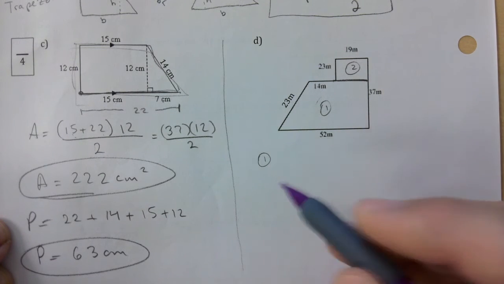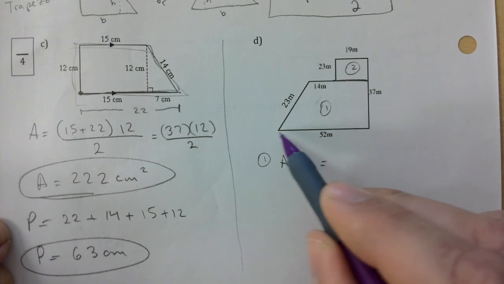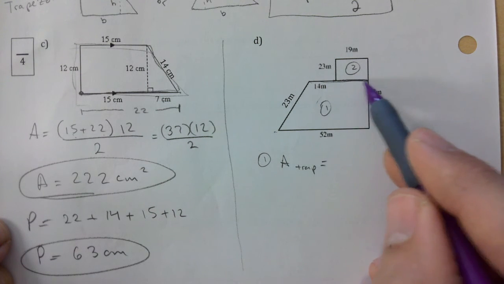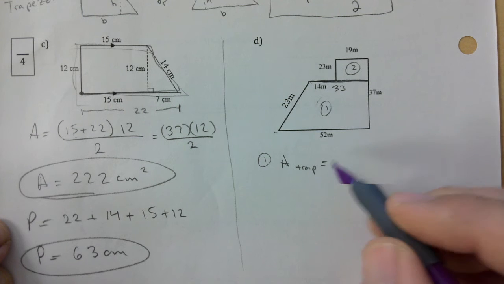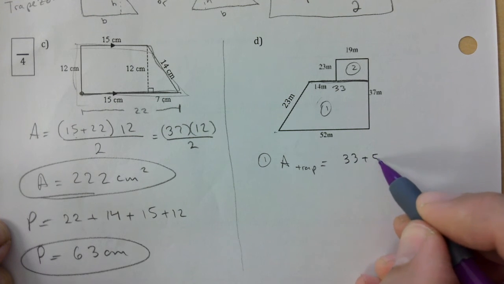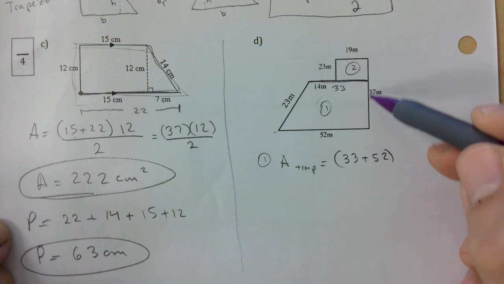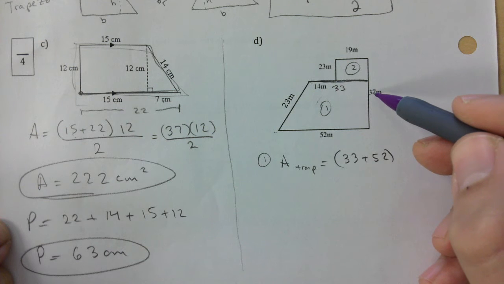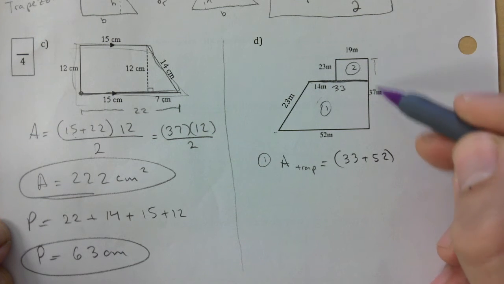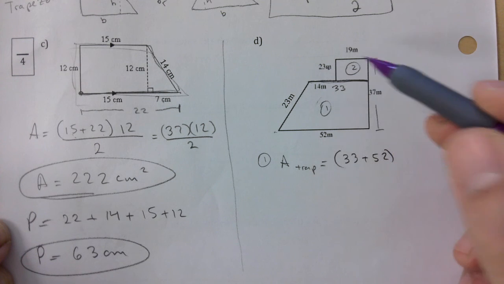So for one area of a trapezoid, you figure out what this is. This is 14 and 19. So that's 33 here up top. So 33 plus 52 times the height. What's the height of this thing? That's a problem, right? Well, you have 37 going from top to bottom here, and you have 23 on this side.